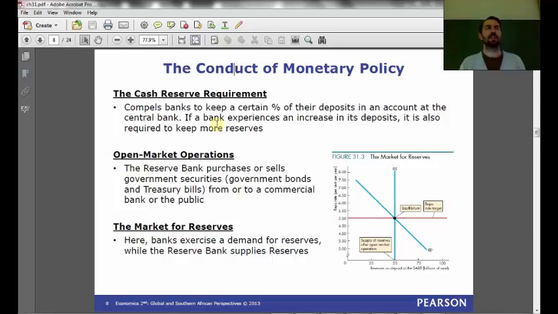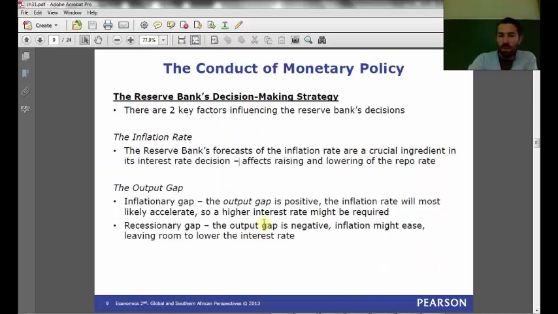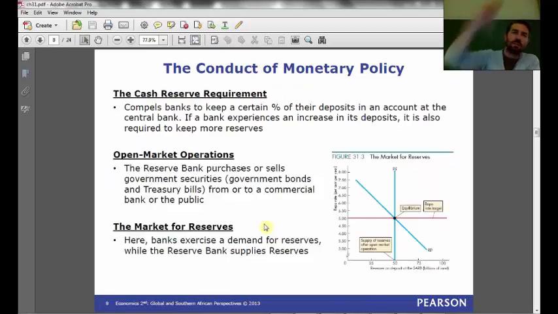Anyway, we also have open market operations where the Reserve Bank purchases or sells government securities, and in so doing it affects the interest rate. And then the textbook gives this whole discussion about the market for reserves. And yeah, we'll continue that discussion after the test.